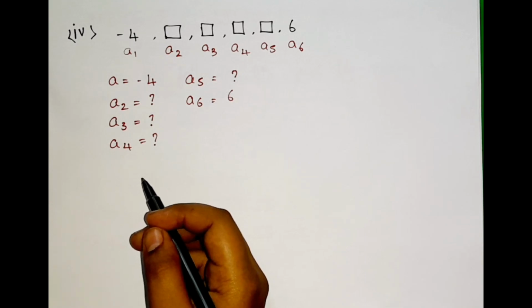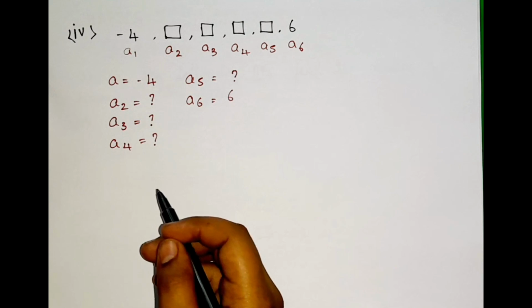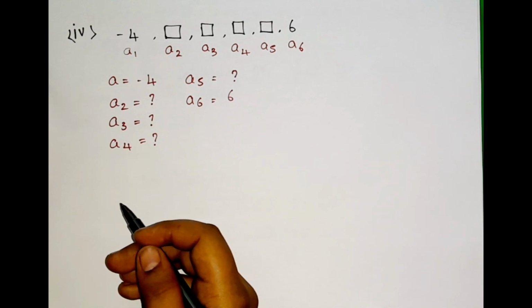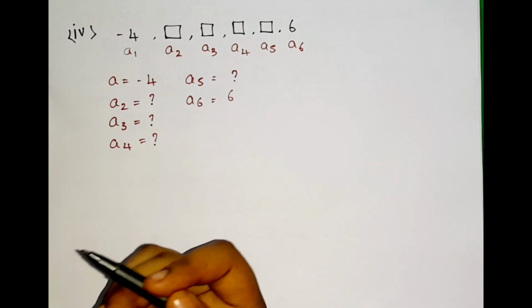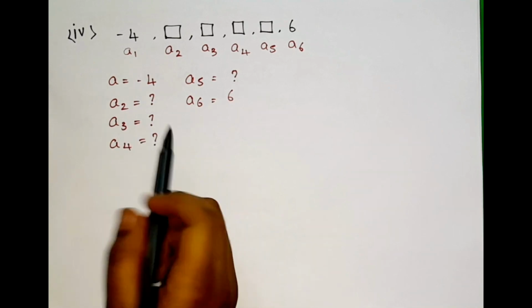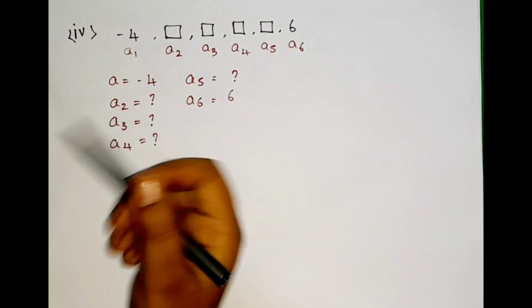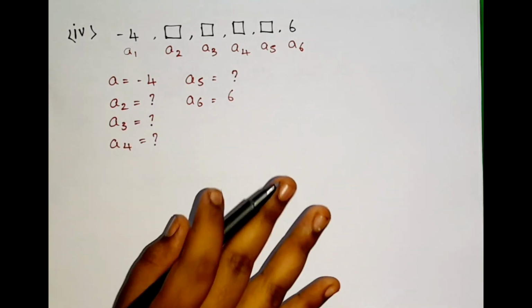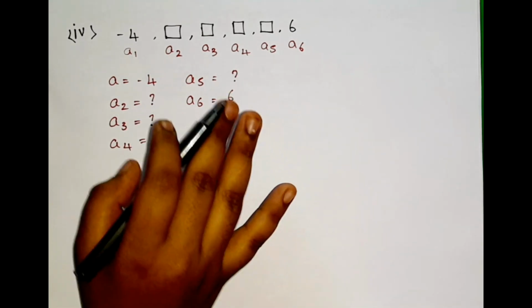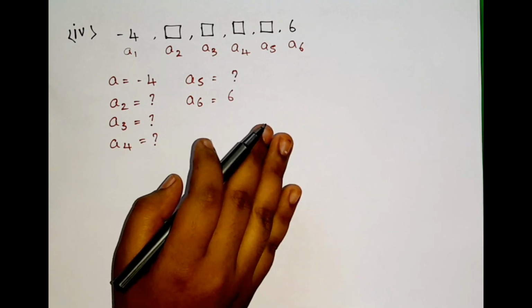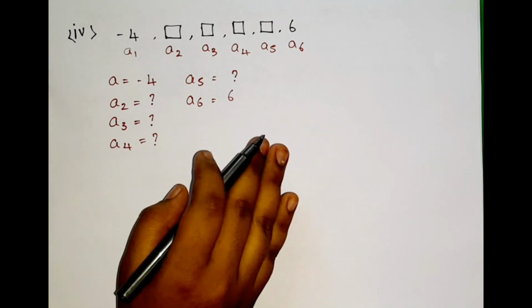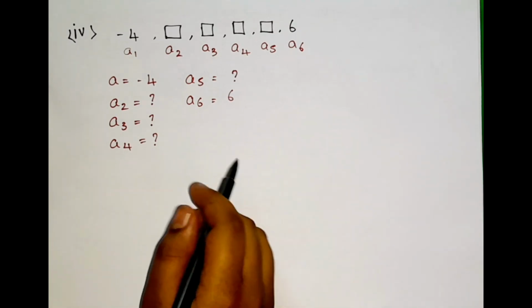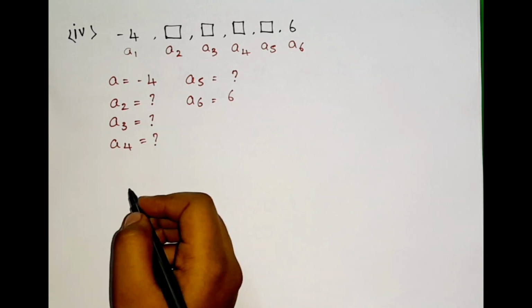In some questions, people used to find the missing value A2 at first, but if you find the common difference first, it's going to save your time, and it's going to be a great help for you guys. So please try to find the common difference.